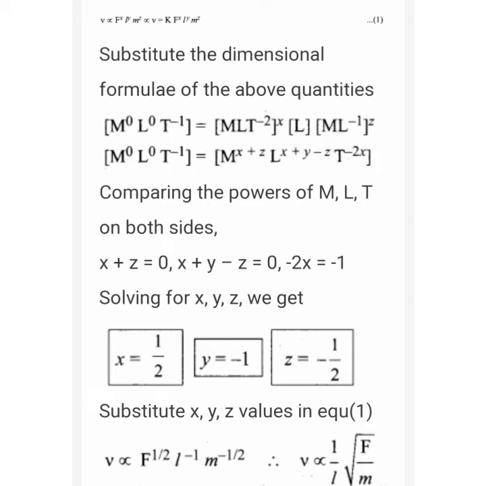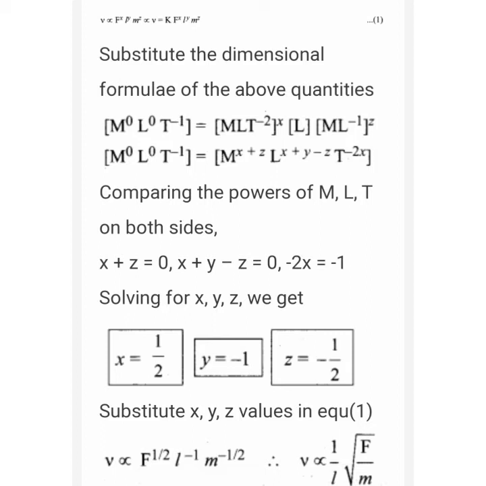So mass per unit length means M by L, so M L^-1. After writing the dimensional formula, we will introduce the powers to the known values. So X, Y, Z. So L power Y. You should write L power Y here. It is missed in this picture.